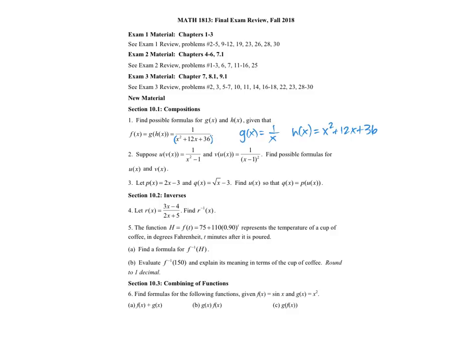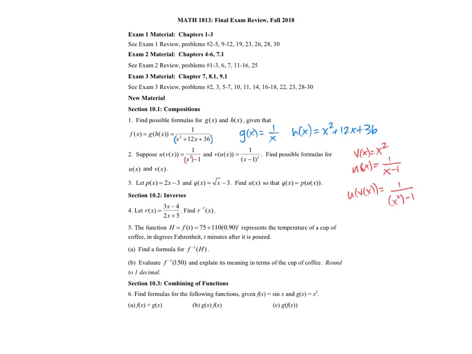So another thing I could do on here is let the inside part be this part, this x squared. So maybe I could let v of x be x squared, and then that would make u of x be 1 over x minus 1. Okay, does that work? It certainly works with the u of v of x, because then u of v of x is 1 over, and then we put it in, x squared minus 1.